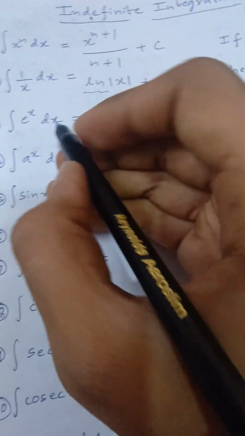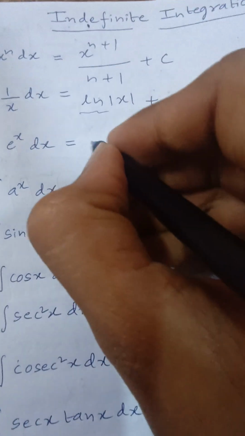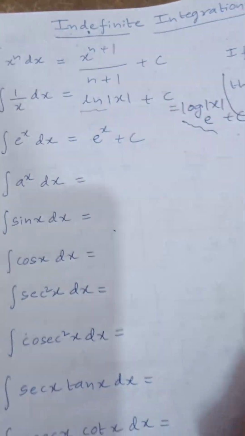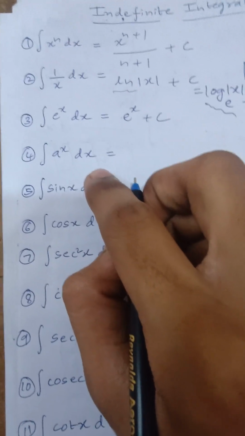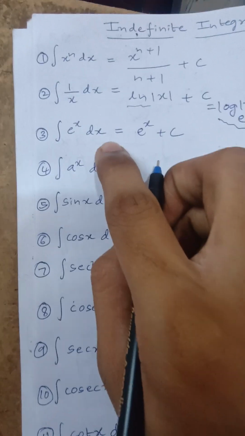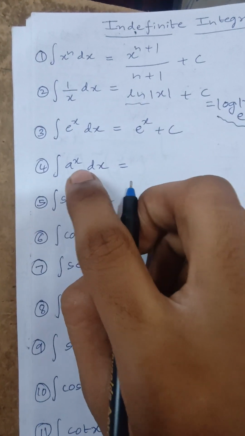Now integration of e power x dx is e power x plus c, and integration of a power x dx, actually this formula also came from this. So we will see how it came.